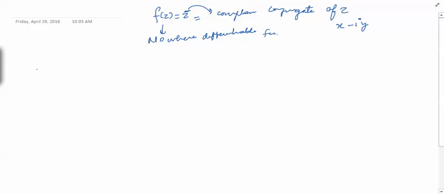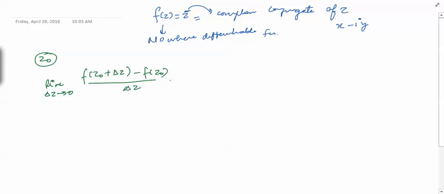Okay, so we have to look at this limit at any point z0. Let z0 be any complex number, and we want to check the limit of this function at this point z0. So we have to look at f(z0 + del z) minus f(z0) divided by del z, the limit of this thing, right? Limit del z tending to 0. So what is this? This is equal to limit del z tending to 0, the conjugate of (z0 + del z) minus z0 bar, divided by del z.